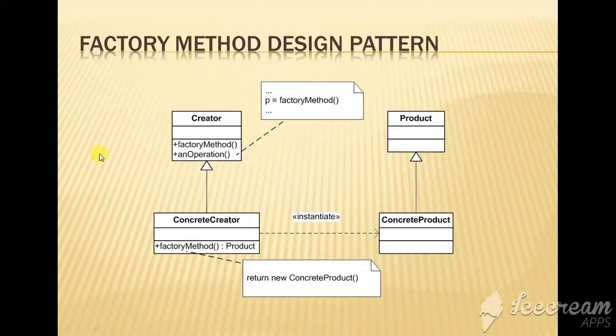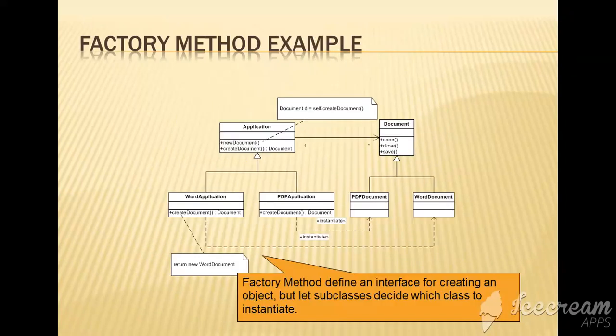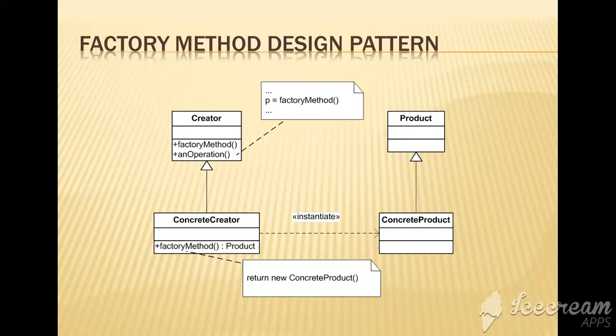So you can see now the factory method design pattern. The factory method is in the creator class, which you might have seen already. The product is the part that is created. Here you can see the concrete creator and the concrete product.